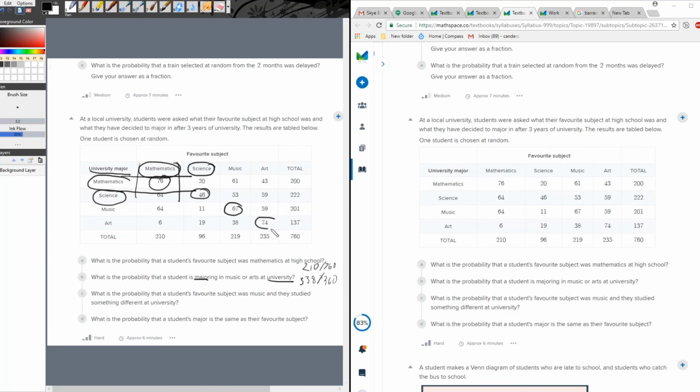That means we want this number here. So we would have to add these numbers together, and this would be out of the total number of students. So this would be 76 plus 46 plus 67 plus 74 over 760.